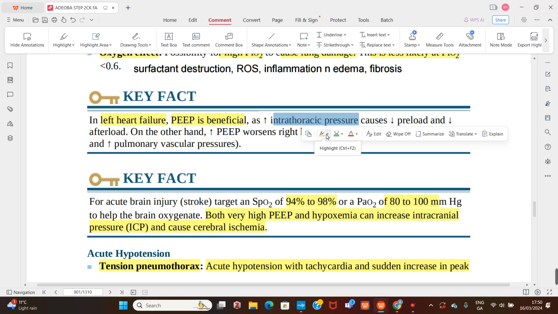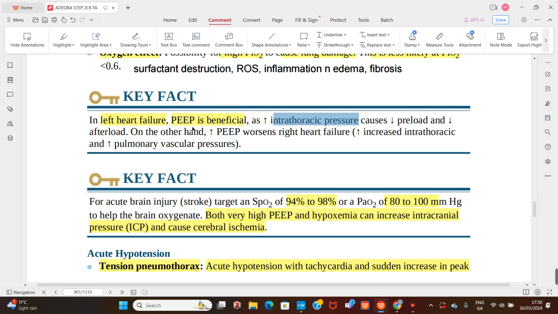So that failed heart is going to be relieved of the stress, and it's going to calm down. And when preload is reduced, there's going to be a reduction in blood pressure, because less blood flow is going to get to the left ventricle from the left atrium. Less blood is going to get to the aorta. The pressure there is going to reduce, and the afterload is going to reduce. So in left heart failure, PEEP is very good for them.